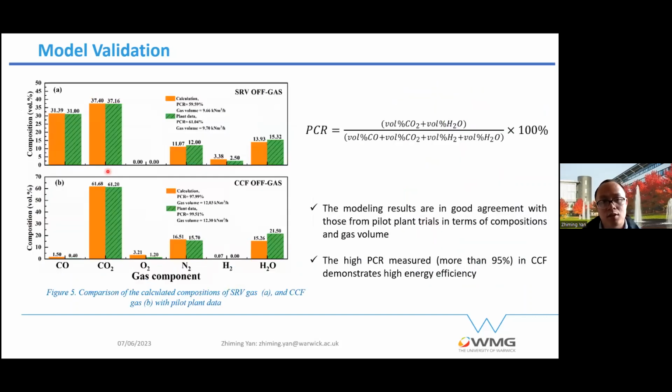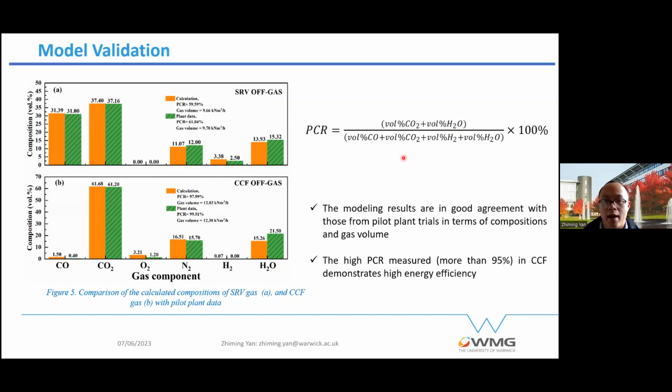These two figures show the off gas of the SRV and the CCF, and the data looks in good agreement with the plant data. And the PCR we define like this: we use CO2 plus H2O, divided by all the CO, CO2, hydrogen, and moisture.